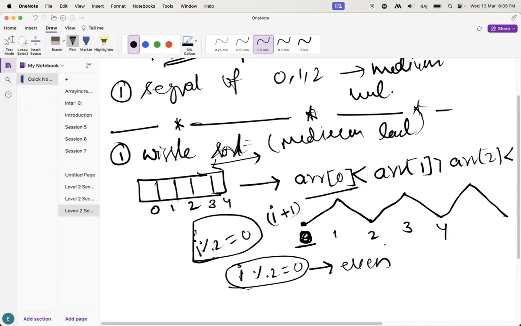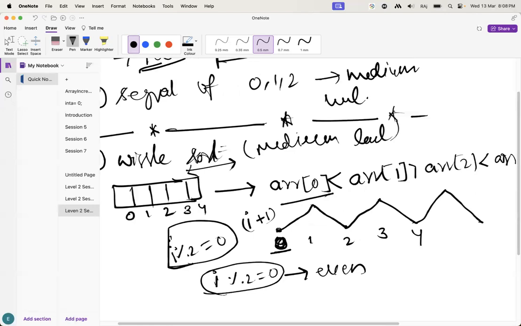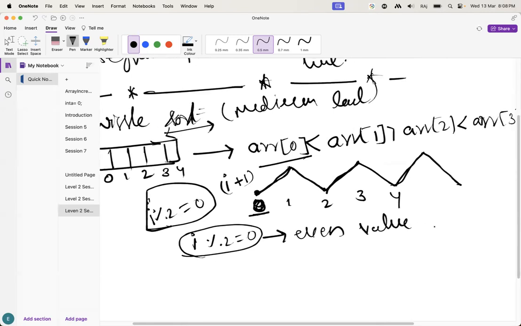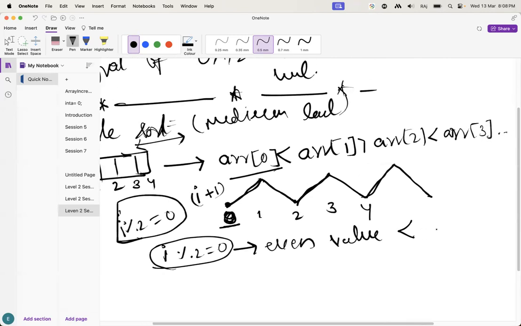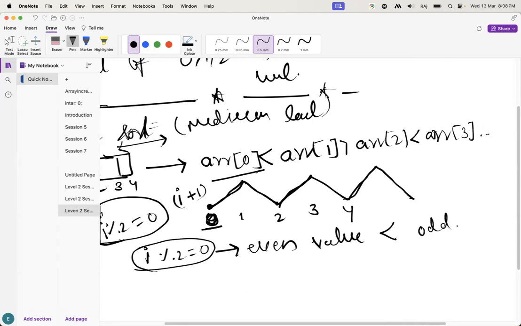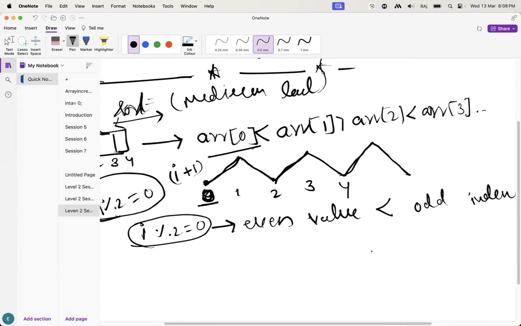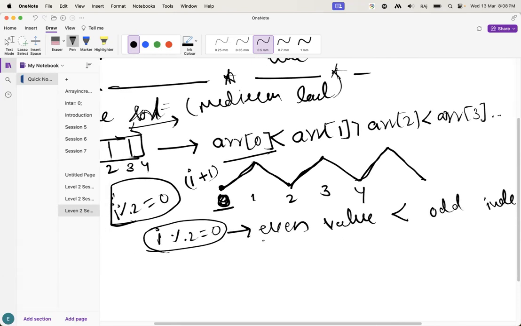You can clearly see all even index values are small, right? Odd index values are higher. Even index value is smaller and odd index value is more.